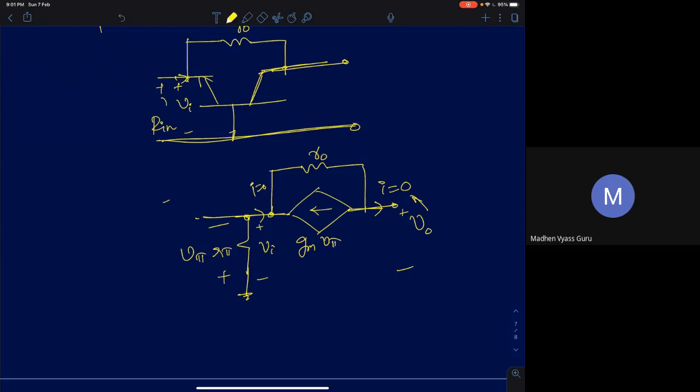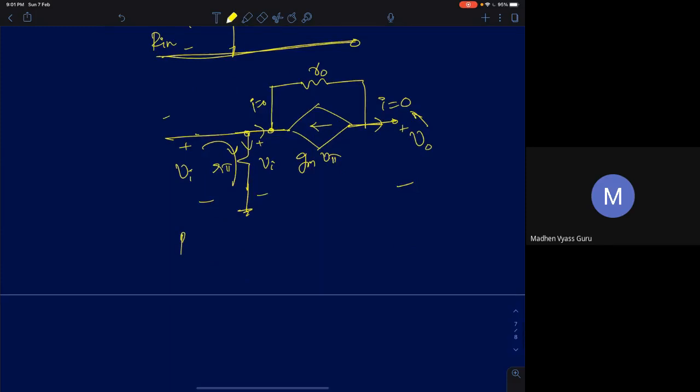Then if I apply a voltage Vi here, current only flows through R pi. That's the only path for the current. So the input resistance is R pi. So when RL is infinity, you get an input resistance of R pi.